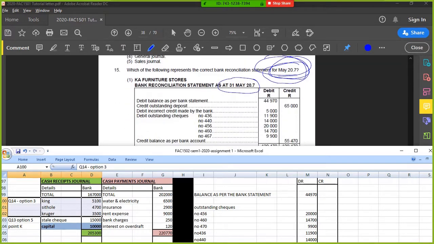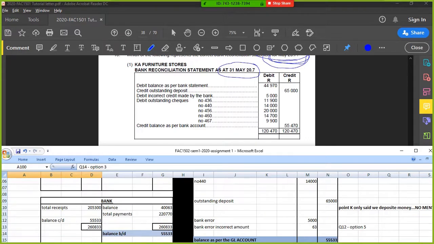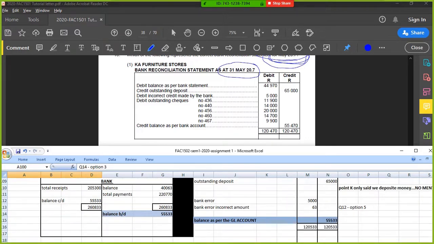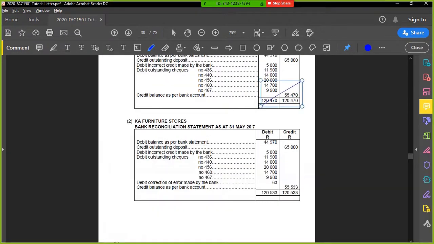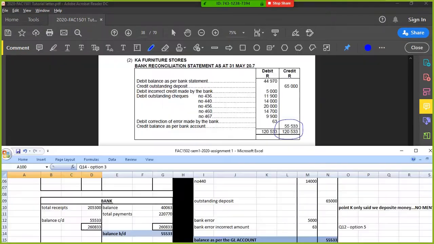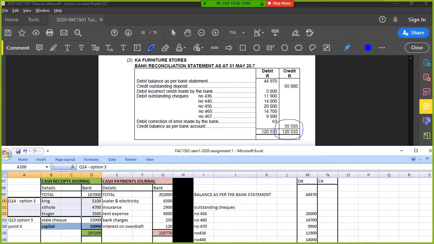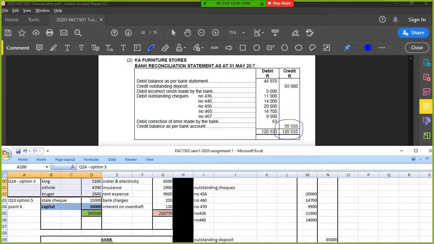Which of the following represents the correct bank reconciliation statement? Which one looks like ours? What is our balance? 55533. That one's wrong. This one's right, 55533. I see the right balance. Does it look the same? Let's check. First line, 44970. Yes. Second line, I've got the 20,000. Where's the 5? There's the 5.